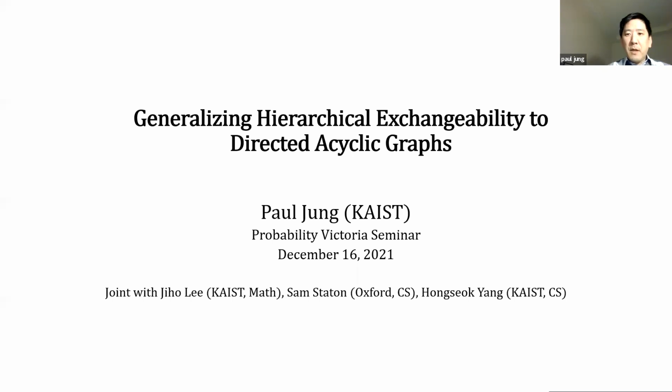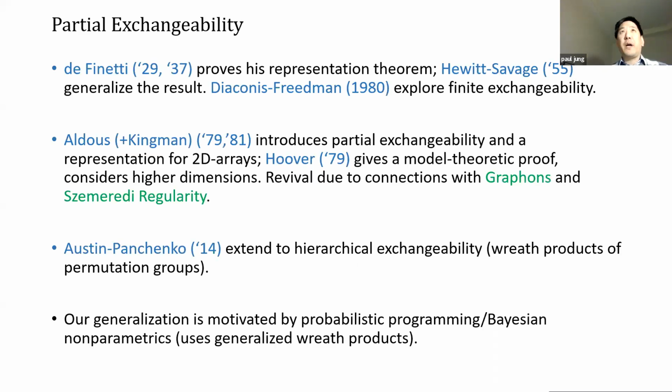So I'm going to start first by just giving you a brief history of exchangeability, just to warm everyone up. Exchangeability goes back over 100 years. The first theorem was proved by De Finetti in 1929 and extended in 1937, and was extended to a great extent by Hewitt and Savage about 20 years later.